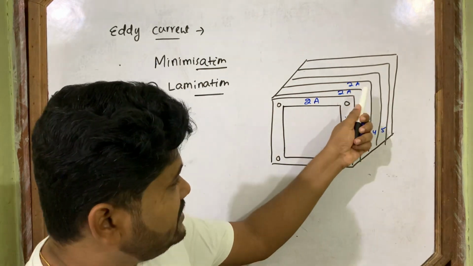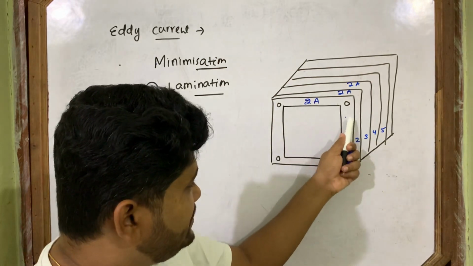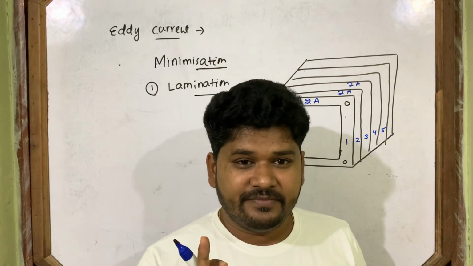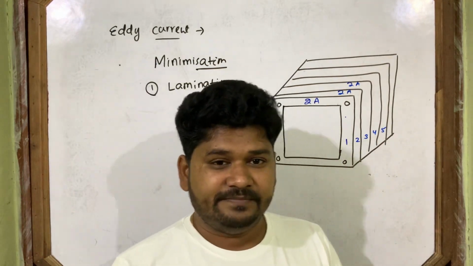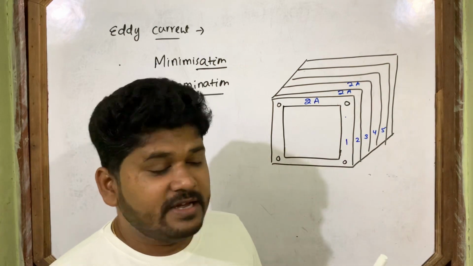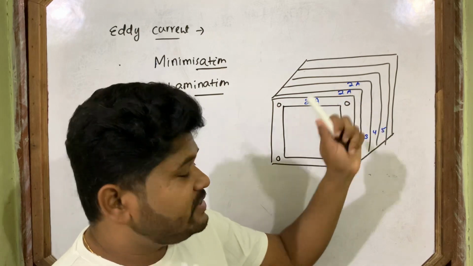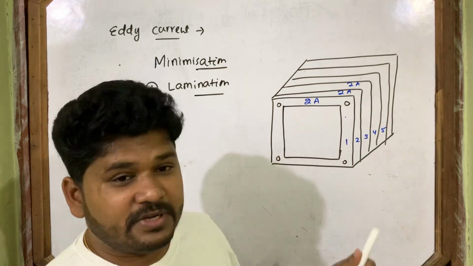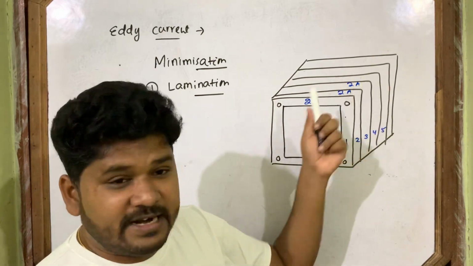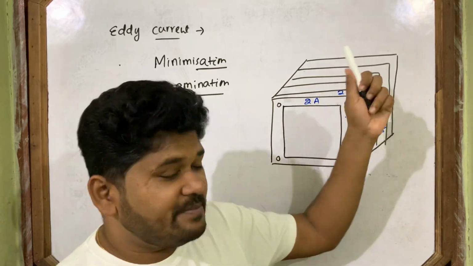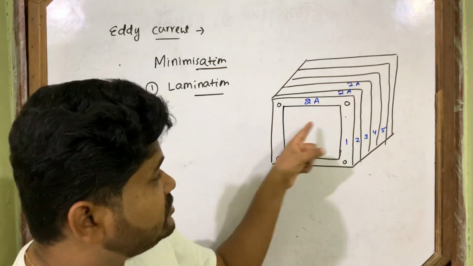But imagine they are not laminated. Then this 2 ampere current will add with the next 2 ampere, and so on. When these currents are added, there will be 4 ampere, 6 ampere, 8 ampere, 10 ampere, and that 10 ampere current will pass through the whole sheets.